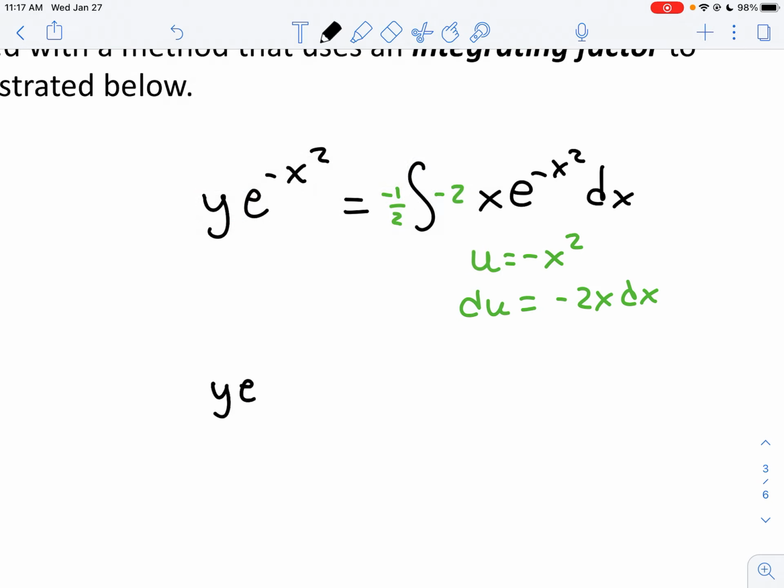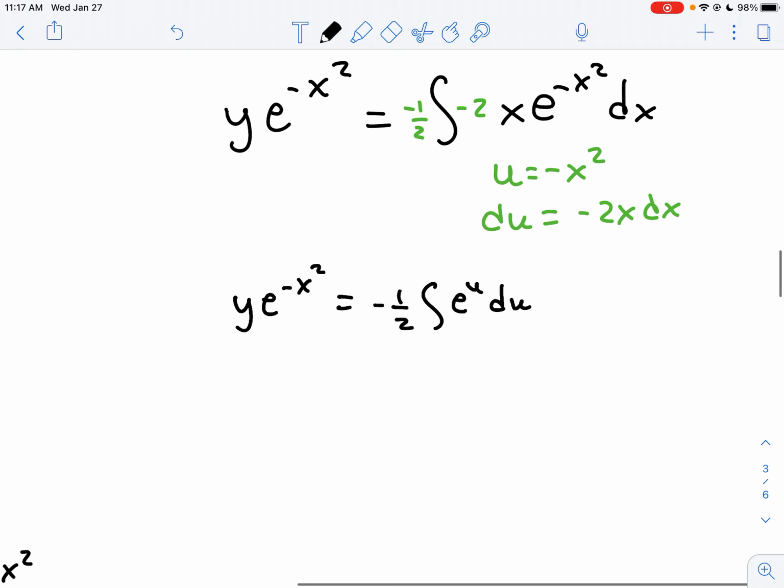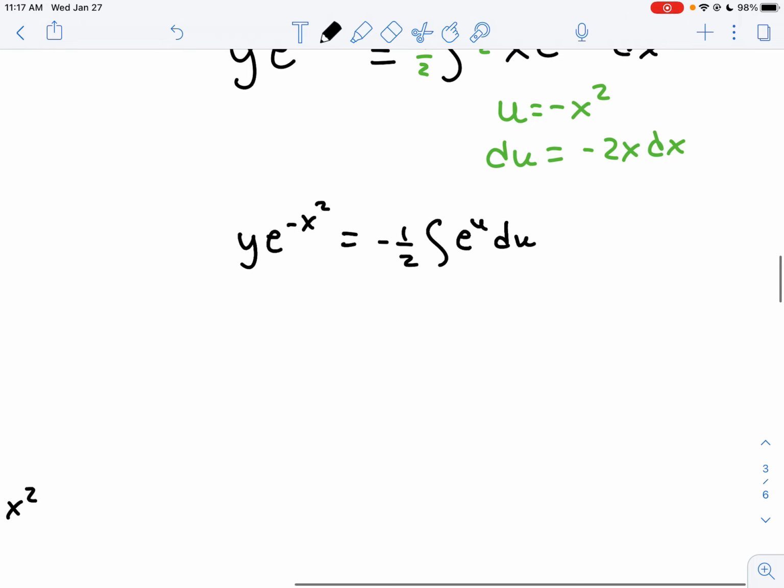So we have y e to the negative x squared is equal to negative 1/2 integral of e to the u du. And that antiderivative e to the u du is just back to e to the u. This is where the plus c must enter, so that we can get a general solution. So we have negative 1/2 e to the u plus c.